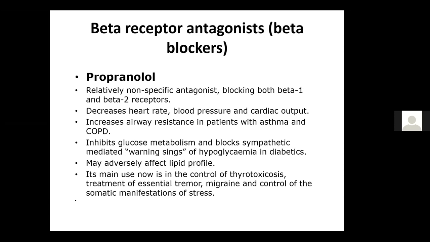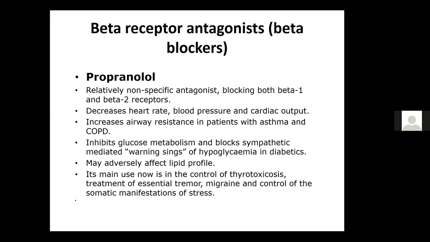They are beta 1 selective, so they predominantly work on beta 1 receptors. Those are the selective ones. So we're talking about atenolol, bisoprolol, up to metoprolol. All those ones are beta selective. Then the others, including propranolol, are non-selective. When we say non-selective, it means they're working on both beta 1 and beta 2 receptors.